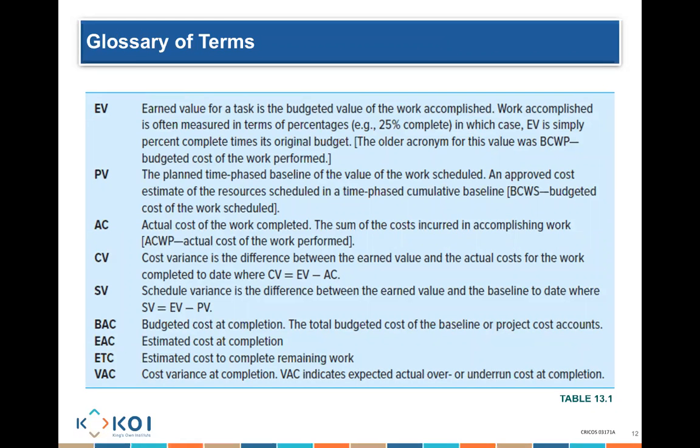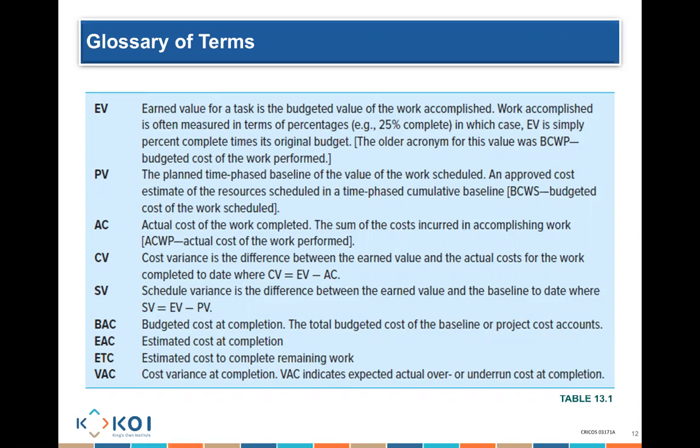So look at all of these concepts: earned value, planned value, actual cost, cost variance, schedule variance, and so on. What are they? Earned value for the task is the budgeted value of the work accomplished. In other words, how much work have I actually completed in dollar terms? Did I finish $100 worth of work? Did I finish $200 worth of work?